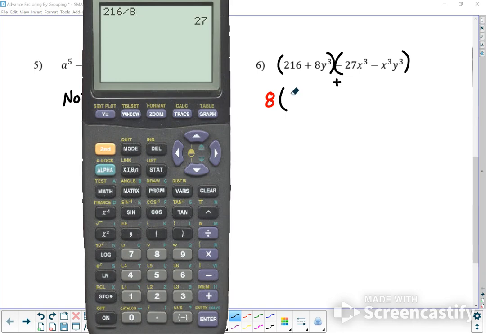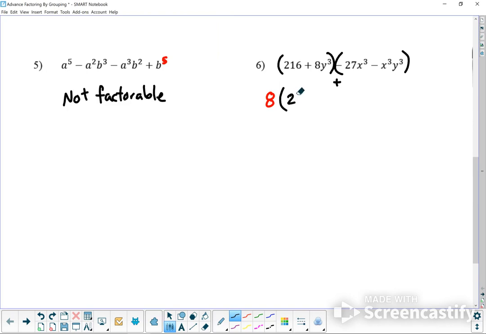So 216 divided by 8, if I take an 8 out, it's 27. And then 8 divided by 8 is 1, which I don't have to write, and then y to the third. Plus, right here, I think I'm going to take out a negative to make both those positive. And then it looks like the x to the third they both have. So I'm going to go ahead and factor negative x to the third out.